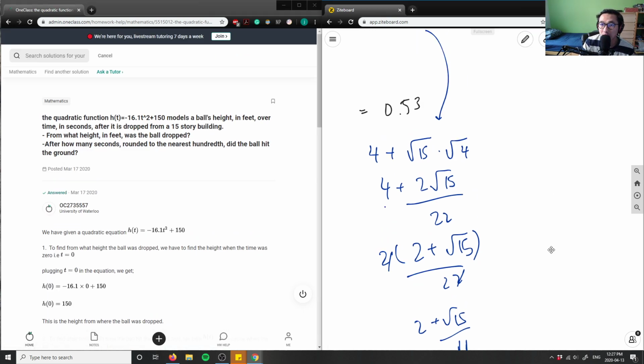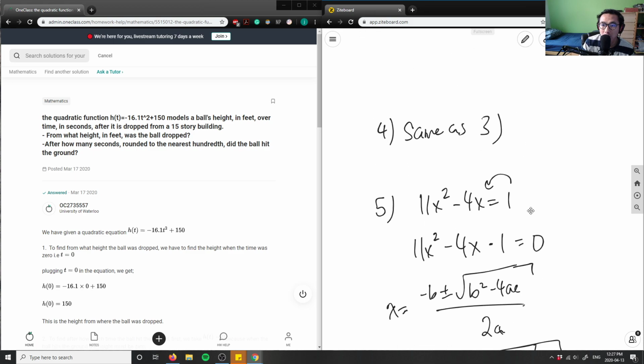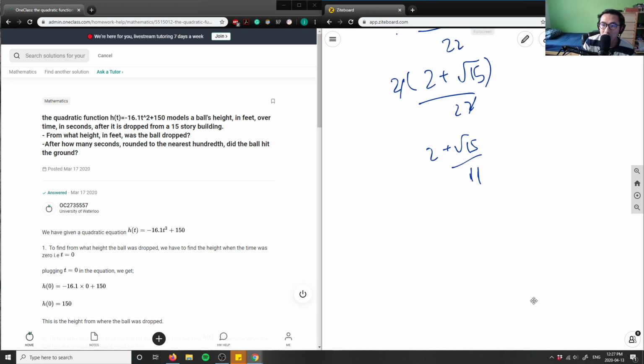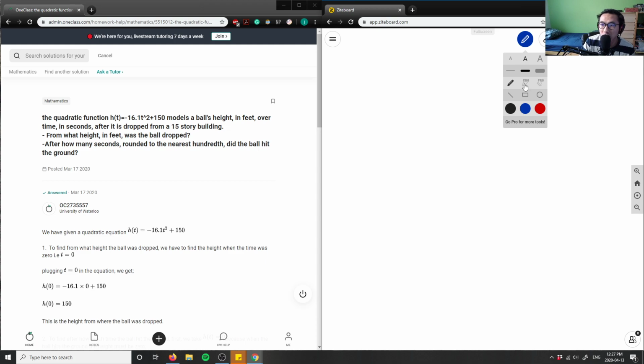Okay, so that was number 5. This will be number 6 now, and we're just about at half an hour, slightly above time, which is great. So it says the quadratic function h of t equals negative 16.1 t squared plus 150 models a ball's height in feet over time in seconds after it is dropped from a 15-story building.